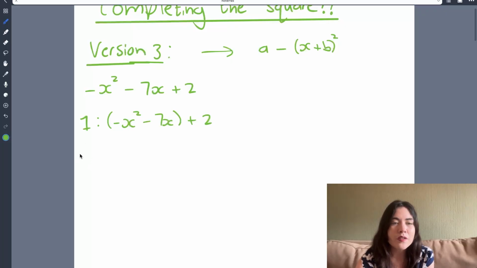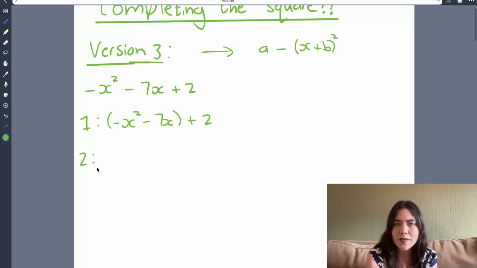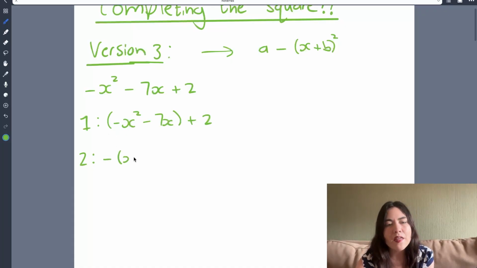All right, so now we have step 2. Now, if you remember from version 2, step 2 is to factorize. Now, this is going to be the same, but this is where the first common mistake in version 3 comes. So we're going to take away the minus from x squared, but in taking the minus away from x squared, we have to also take the minus away from minus 7x, or whatever this number is.